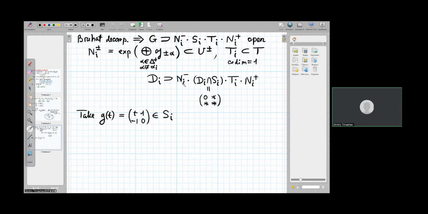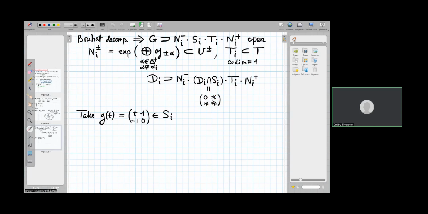And here you get the action of U minus, because the action of the root subgroup corresponding to minus alpha I is already in here. It is already counted in here.